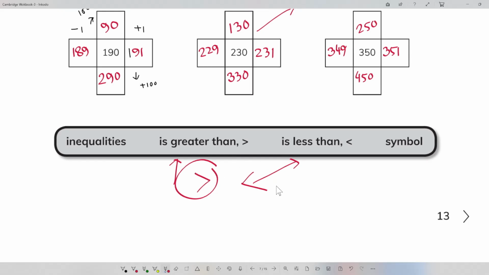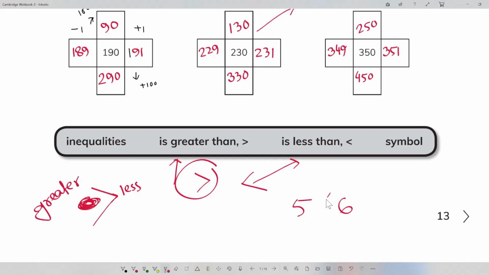Like 5 and 6, which is greater? I have to inform you that the open space is always the greater side, and the closed, angled space means it should be less.